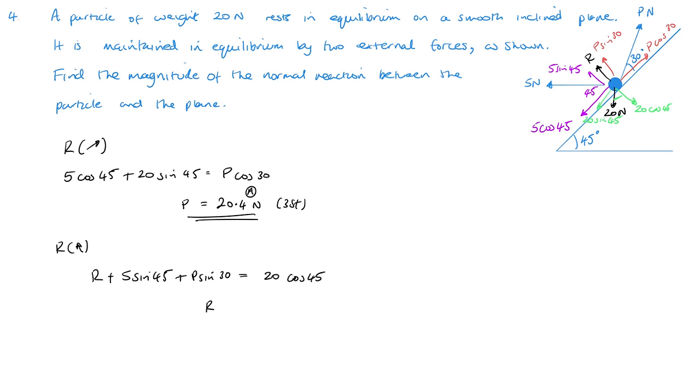Since we've worked out P, we can rearrange for R, and we get that R is 0.3944 and so on. So let's just write it as 0.4 newtons to one significant figure. And that is the final question.